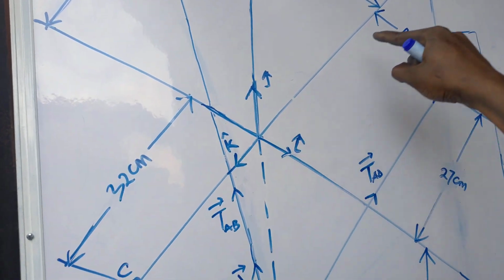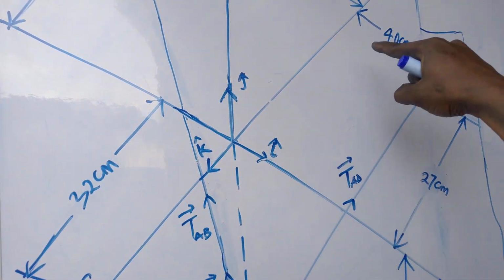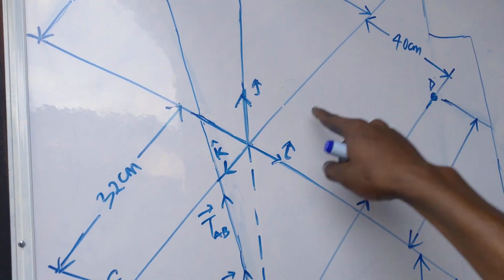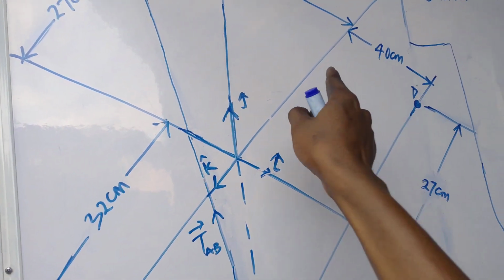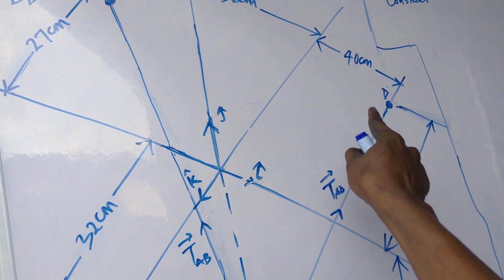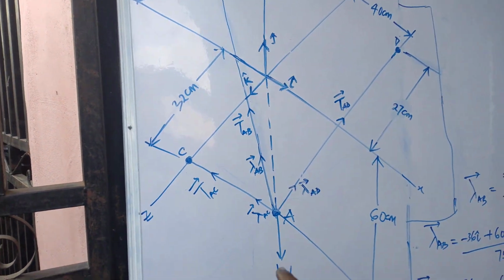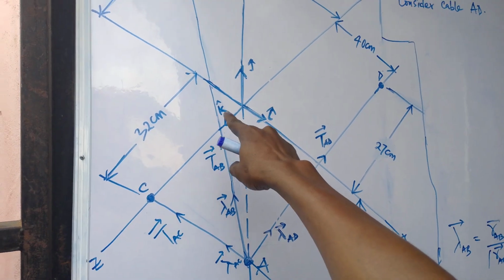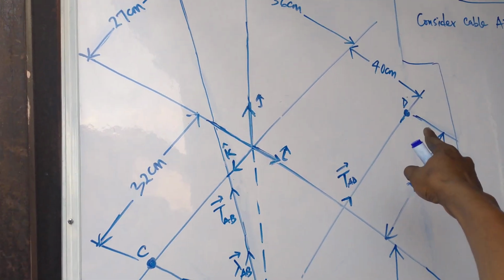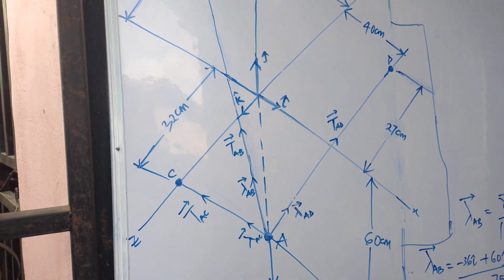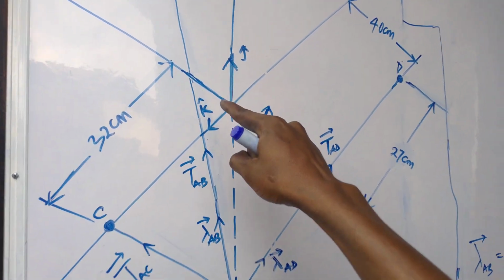Let me repeat. Going up from A, plus 60j. Then I move like this, that is minus 27k.